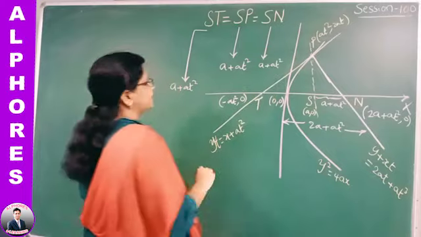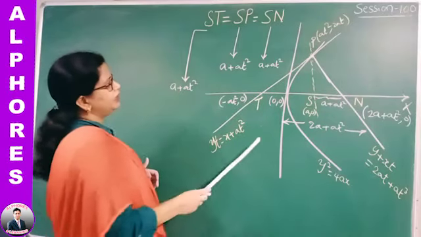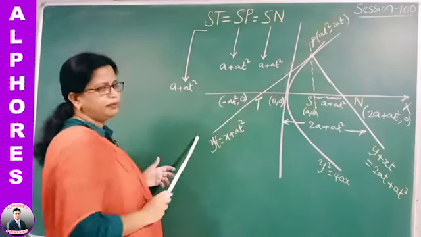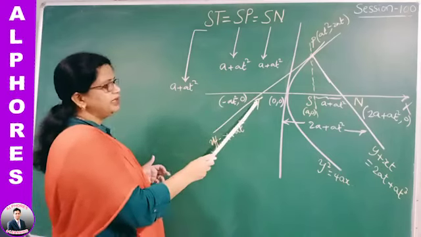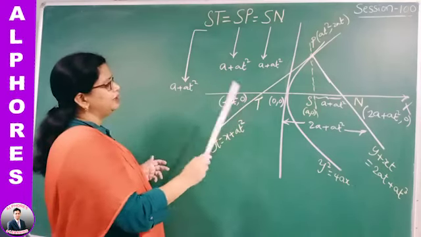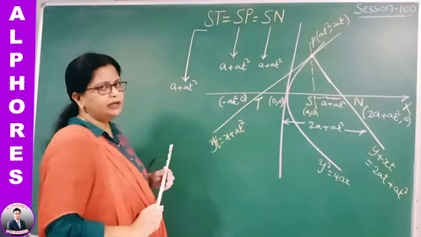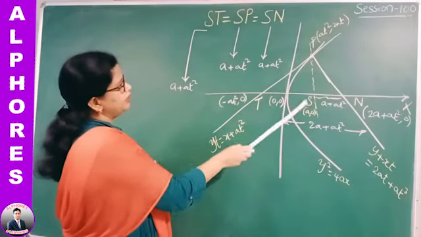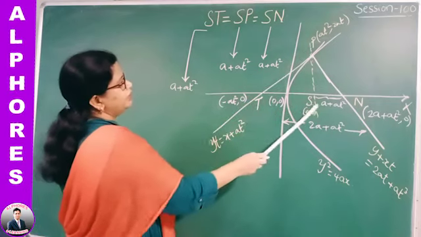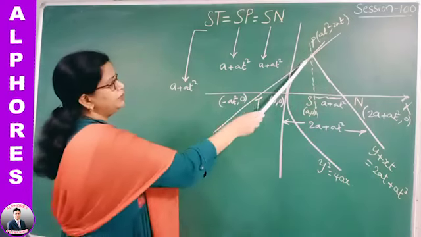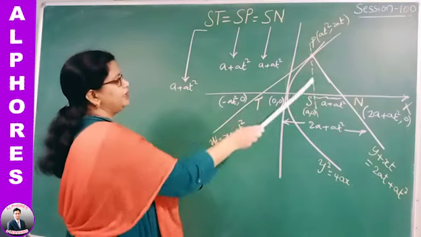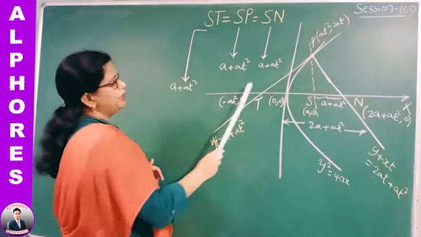So students, a clear observation: if a tangent is drawn to a parabola and it meets the axis of the parabola at T and the normal meets the axis of the parabola again at N, then the concept is nothing but SP equal to ST equal to SN. Okay, and here don't understand that P is perpendicular, that means this line is perpendicular to the x-axis.